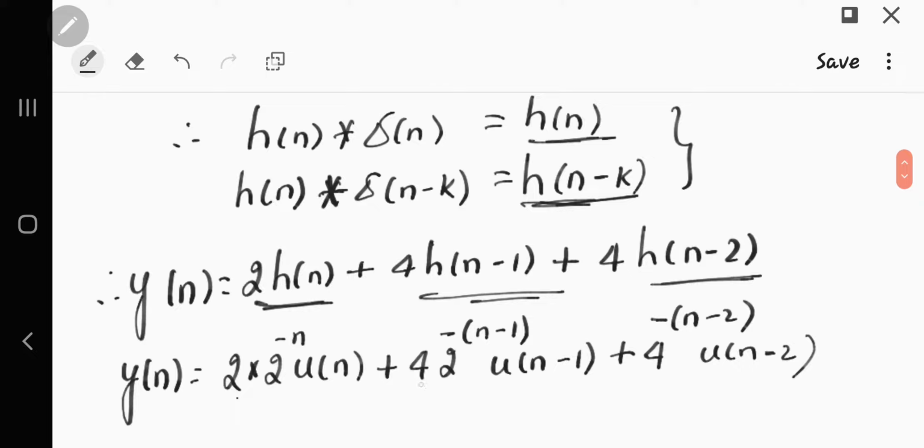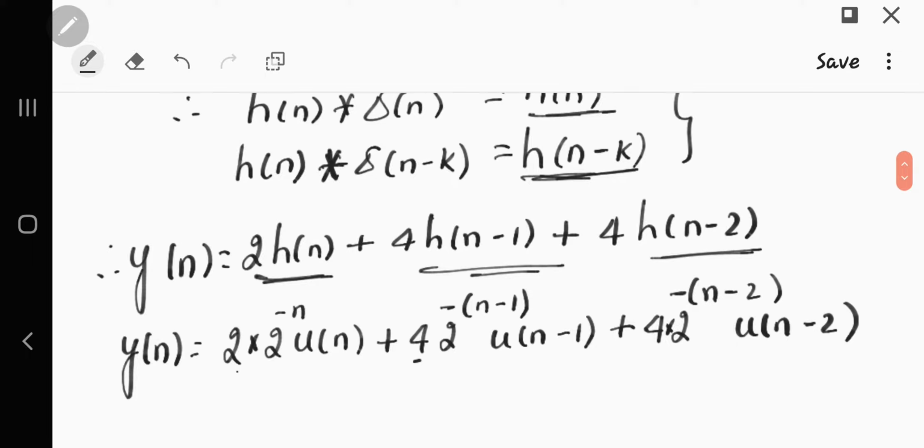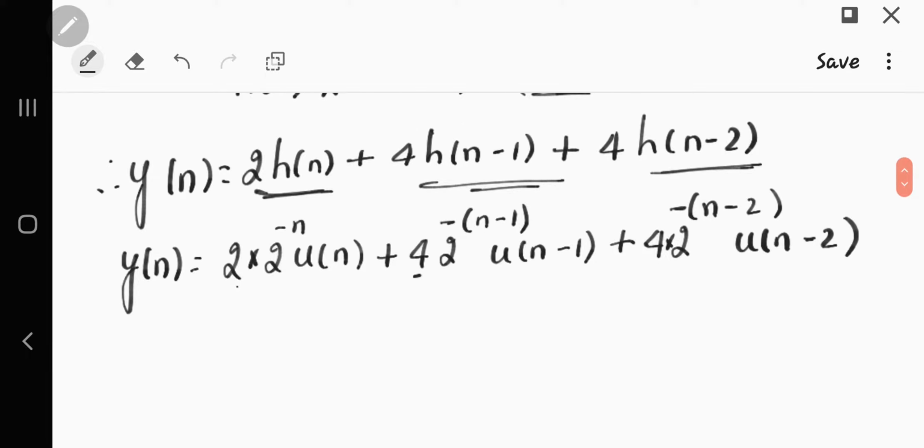In the same way, 4 is kept as it is, and for h of n minus 1 it becomes 2 to the power of minus of n minus 1 into u of n minus 1, plus 4 into h of n minus 2, which is 2 to the power of minus of n minus 2 into u of n minus 2. This is the expression for y of n we got.